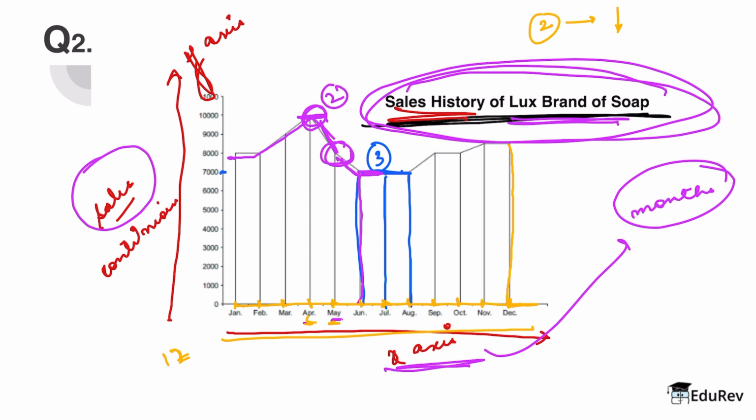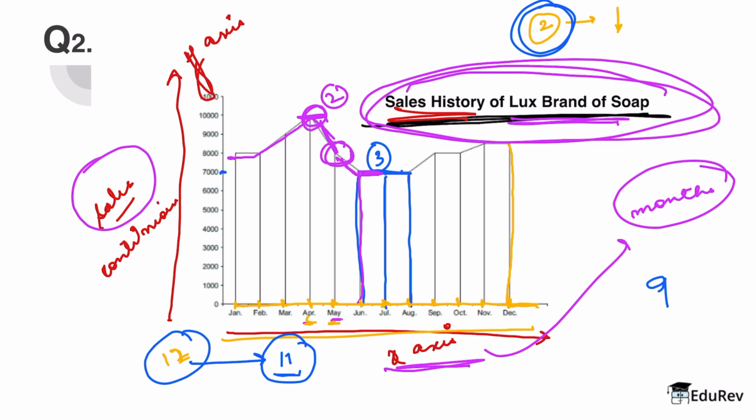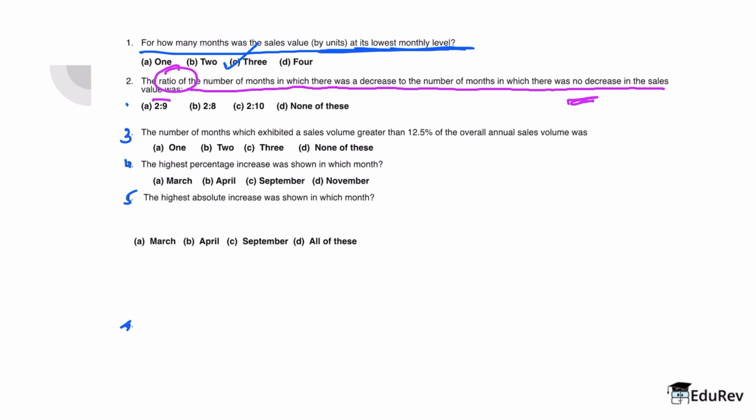So out of 12 months, I have analysis for only 11 months. And out of 11 months, 2 months are showing decreasing trends. That means 9 months are showing increasing trends. So the ratio is from decreasing to increasing. That means 2 months decreasing and 9 months increasing. So the ratio has to be 2:9.